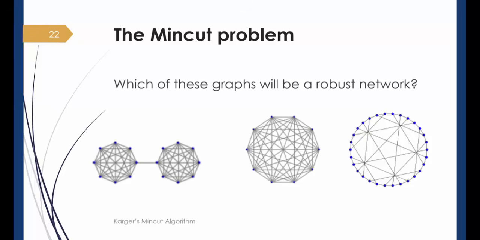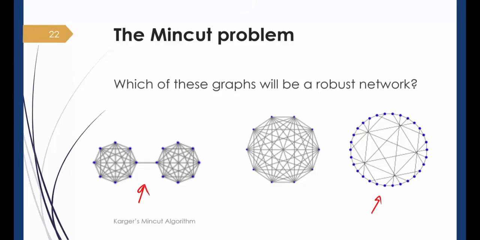In this slide, we have three graphs, and if these were network graphs and you were concerned about the robustness of the network, how easy it is to disconnect and things like that, quite obviously you will notice that this graph is very bad.